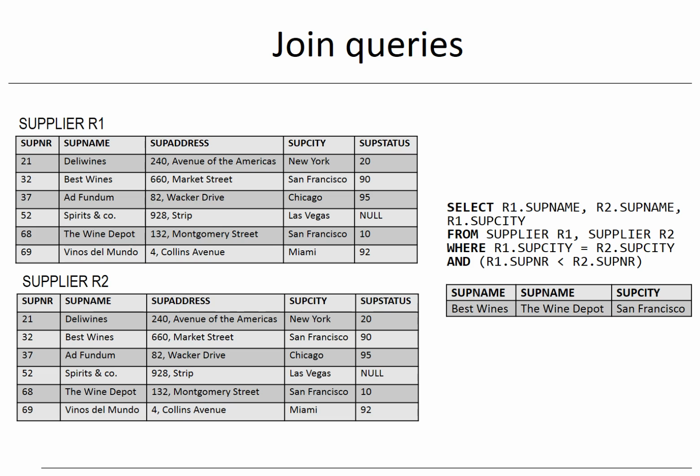To filter out these meaningless duplicates, we added the condition r1.subnumber strictly less than r2.subnumber. Only one result remains then, Best Wines and The Wine Depot, which are both located in San Francisco.